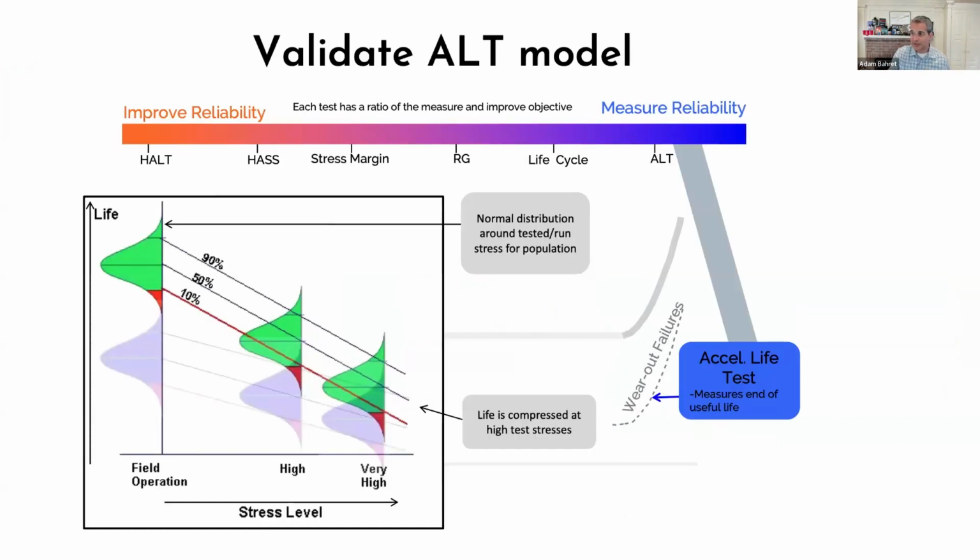So another pitfall to be aware of is, are we validating our model? Like many things, the success in an initiative is in preparation. And accelerated life testing definitely has a very strong emphasis on that. I mean, we do lots of things in our life. I like the example of, if you're painting a wall in your house, if you just go and paint it, it's probably not going to look too great.